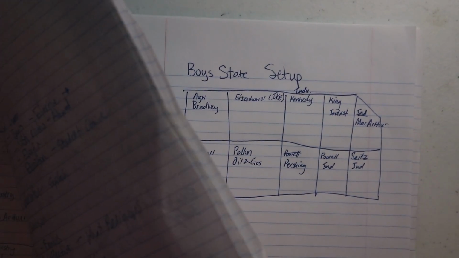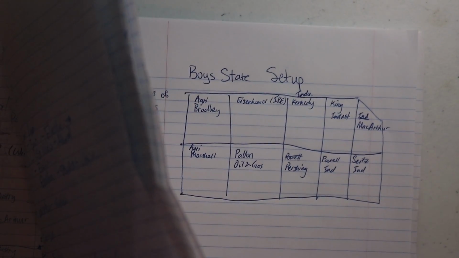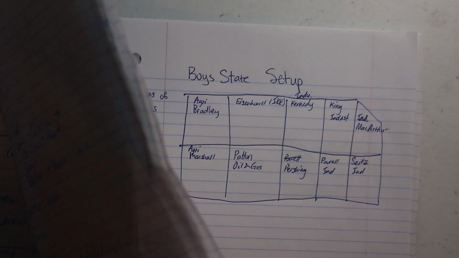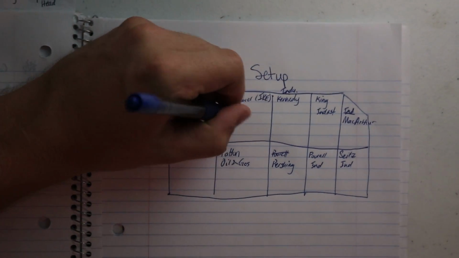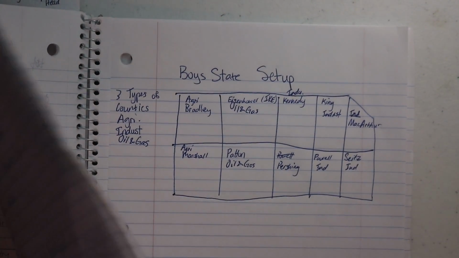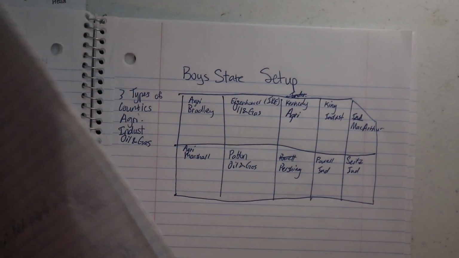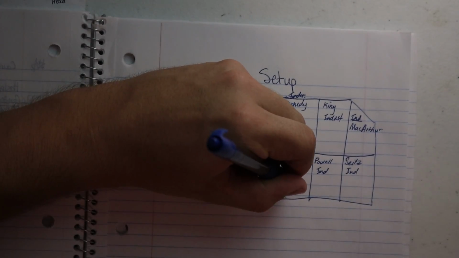Kennedy was industry. Eisenhower was oil and gas. Oh, Kennedy was agricultural. And Pershing was agricultural too.